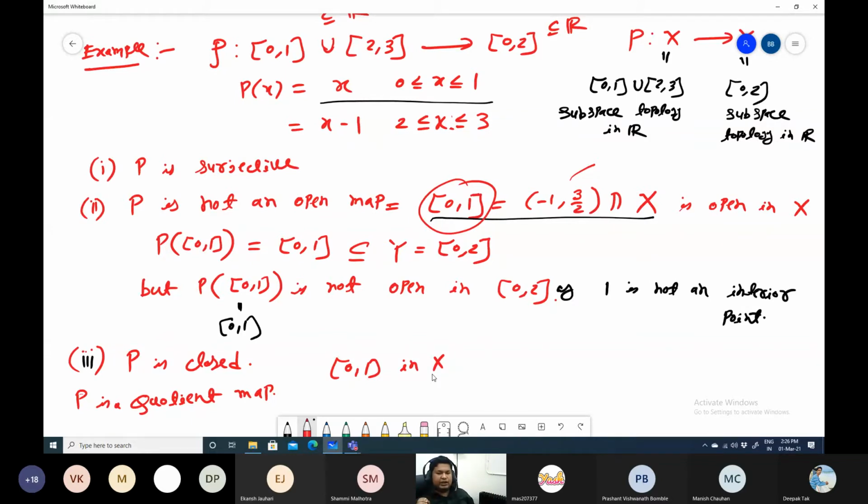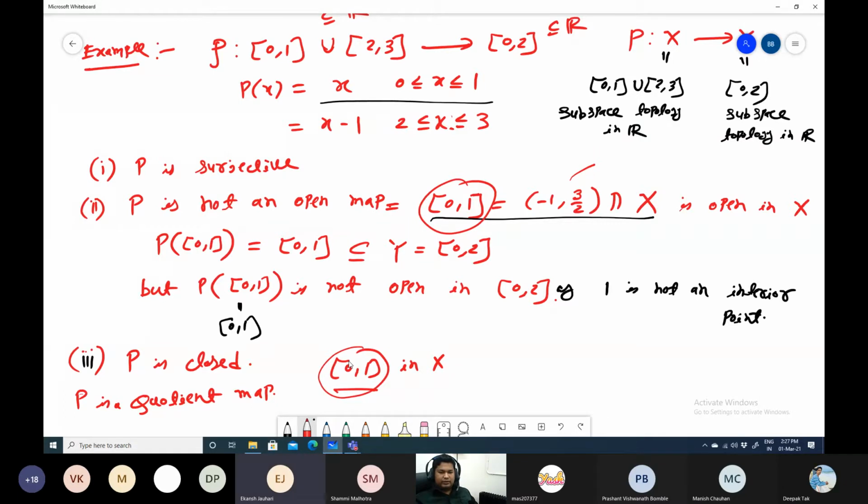It sends saturated open sets to open sets. But here we have seen that P is not sending this open set to an open set. What does it mean? That means this open set should not be a saturated open set.